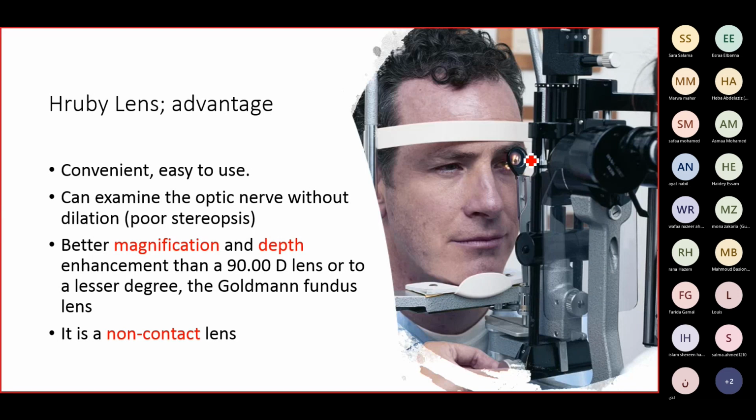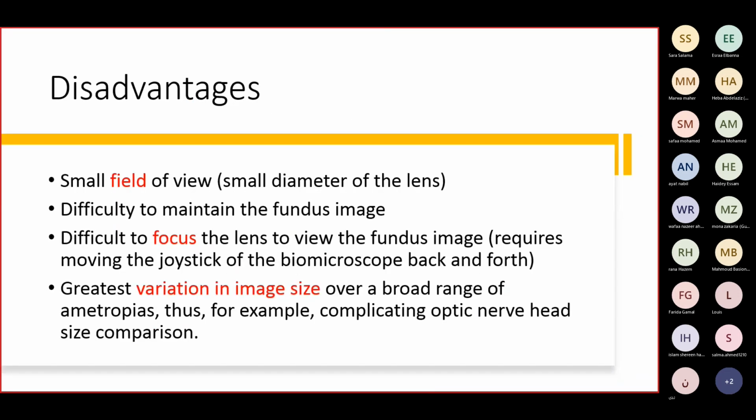Okay. The main disadvantages, as I mentioned to you, is a small field of view, and it's difficult to focus the lens, and you need to move the joystick to move the lens back and forth, and use the biomicroscope to focus, to get a clear image.